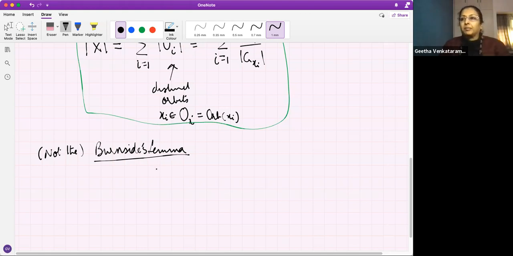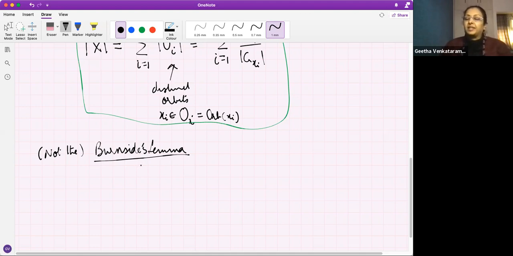In fact, before the 1960s, this lemma existed and was presented in a lot of literature, and it was not given any name at that point. And if you go back further, Cauchy and Frobenius proved more generalized versions of this lemma. So it's one of those lemmas which has got named wrongly, but now it's known as Burnside's lemma.